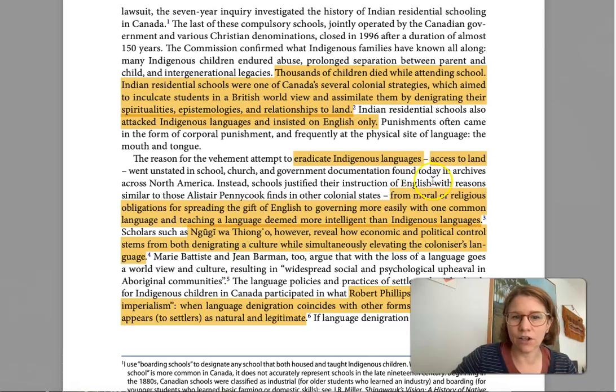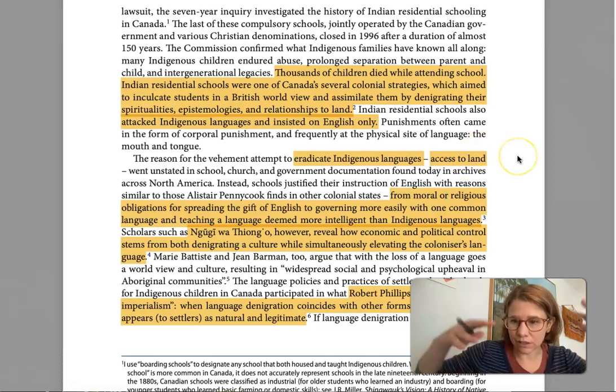And she's saying this is also part of the larger colonial enterprise of residential schools, which again wanted to sever children from their families and communities and culture, assimilate them, and break those ties, and then also to access the land where indigenous communities lived.